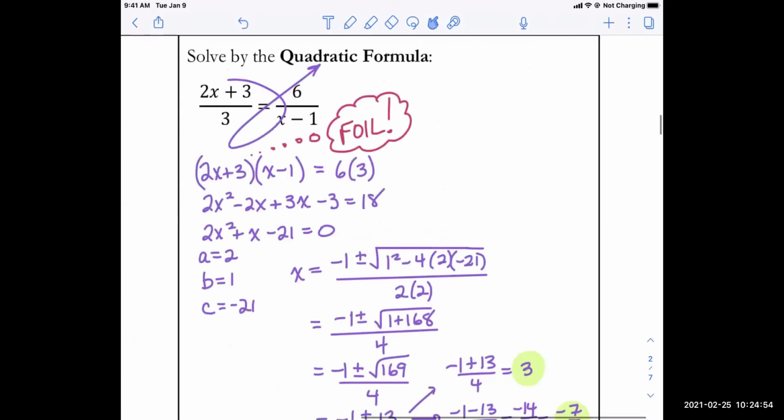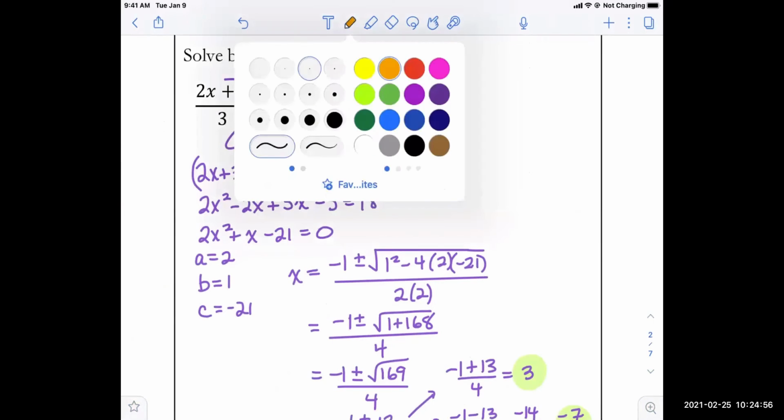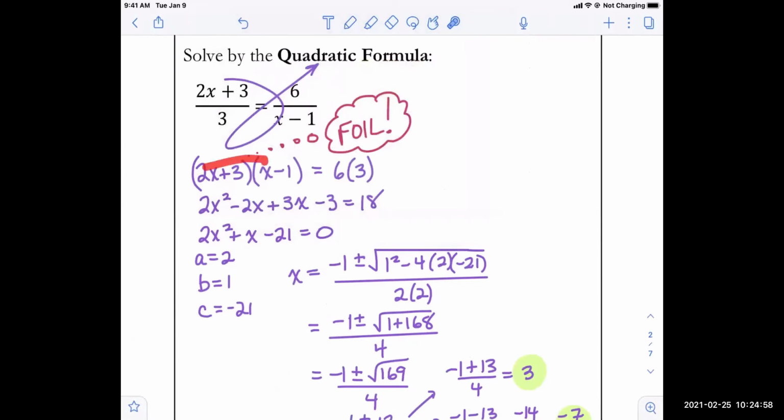We'll do 2x times x is 2x squared. 2x times negative 1 is negative 2x. 3x here and negative 3 there. So when you get it solved for 0, this is what your equation should be. If you did not FOIL on that, then of course your answer is going to be different than mine because you're not going to have the same equation.